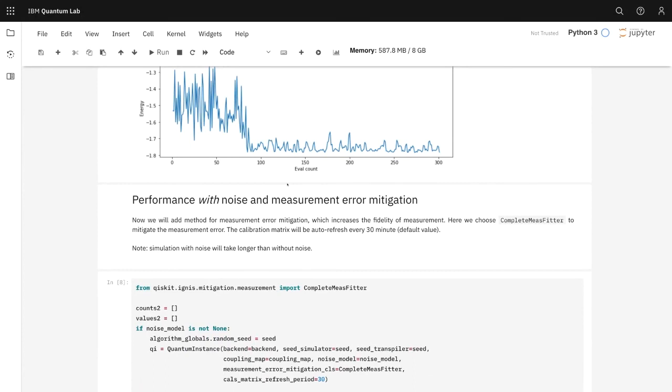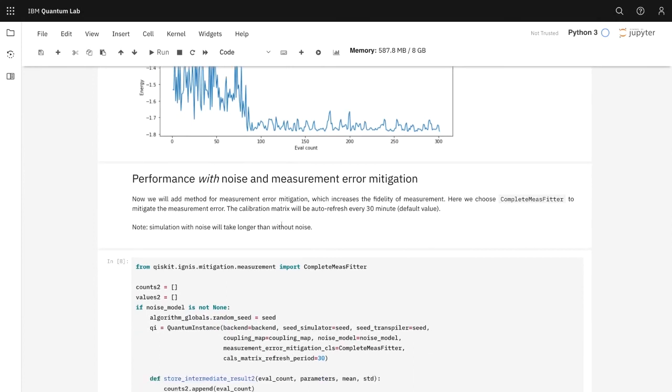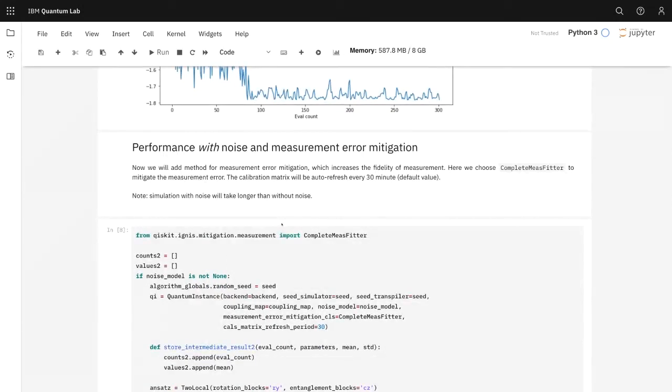And the way this measurement error mitigation works is you essentially run the empty circuits, you just measure them, and you use that information about how often it provides the wrong results to adjust the results of your real circuits.